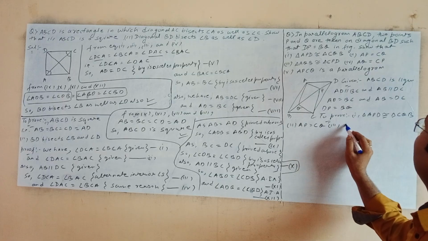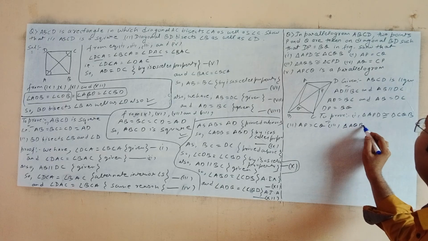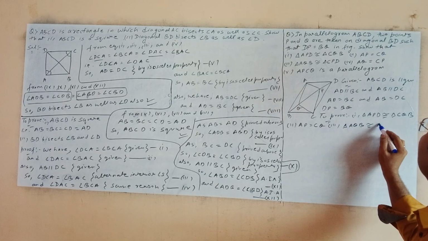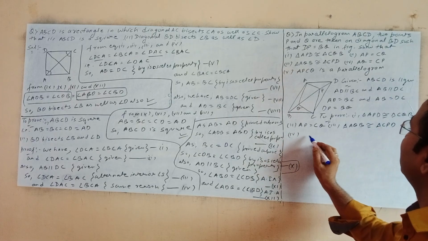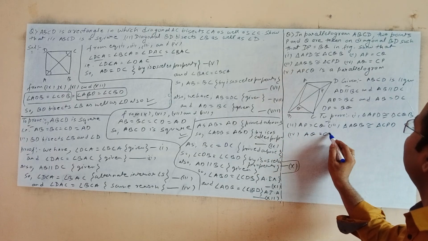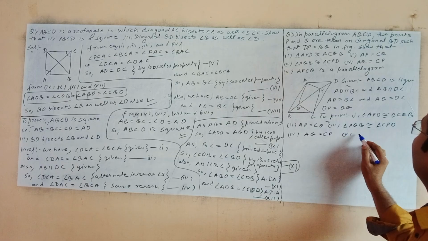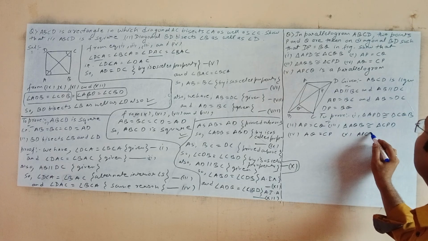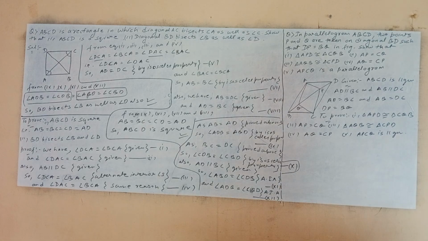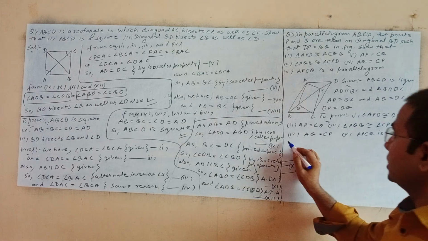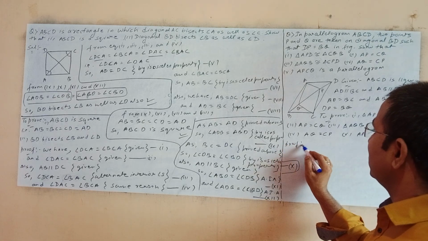Third, triangle AQB congruent to triangle CPD. Fourth, AQ is equal to CP. And fifth, APCQ is a parallelogram. Now let us start our proof.